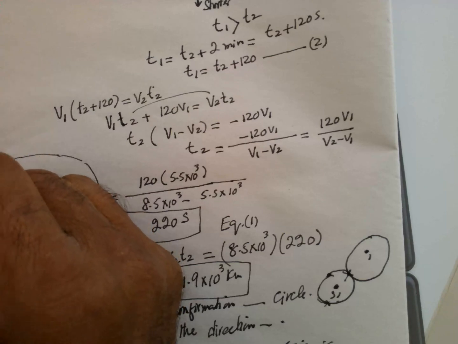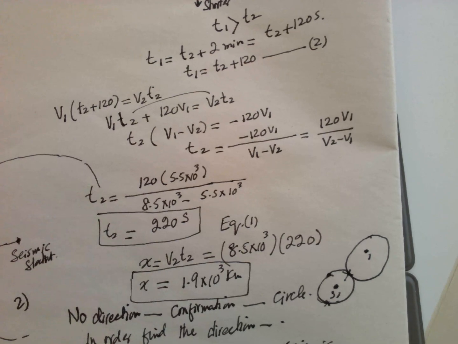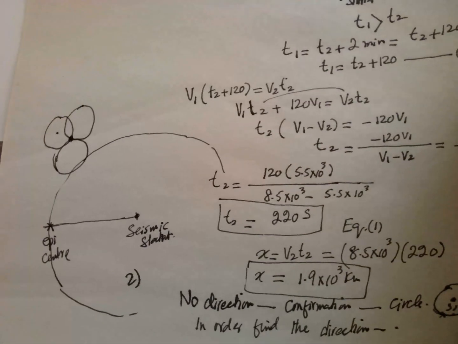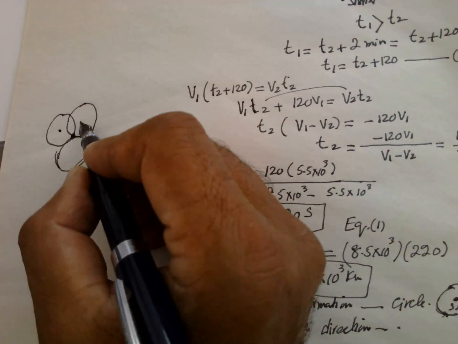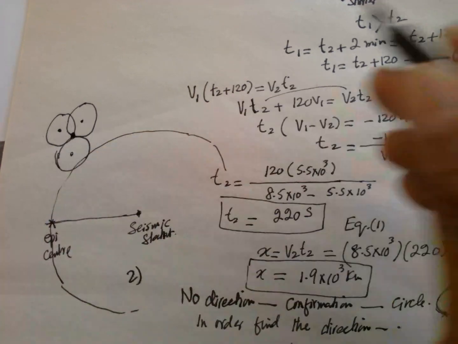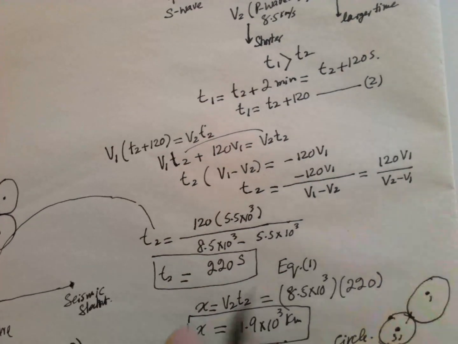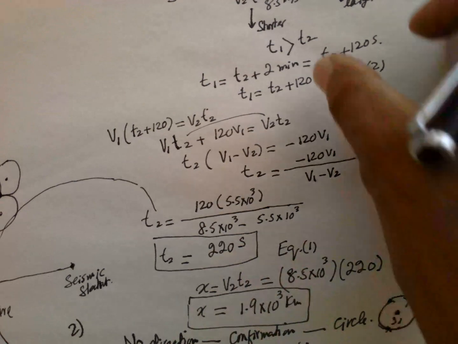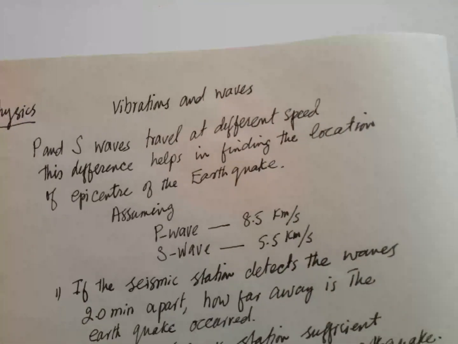So then they will give us the exact location of the epicenter. So with one seismic station, a second, and a third one, they will give us the exact location of the epicenter of the earthquake.